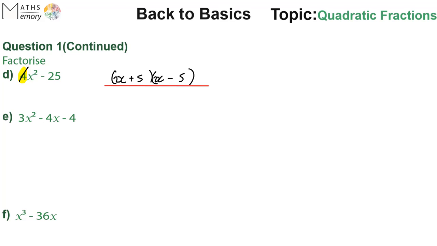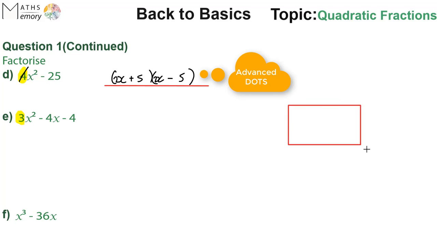Part E, so this one is going to be advanced quad box, and we know it's advanced quad box for a similar reason as the first one: the coefficient of x squared, which is 3. So what we want to do is create the quad box over here, good old quad box. We want to find two numbers that multiply to get a times c.